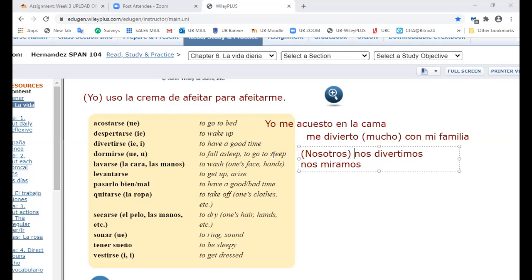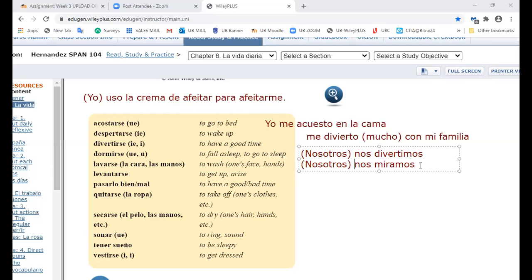But we don't even have to say it because nos is already saying that we are the ones doing the action. Can you see it? Sí. So reciprocal constructions are very easy because it's the nosotros form, mainly.